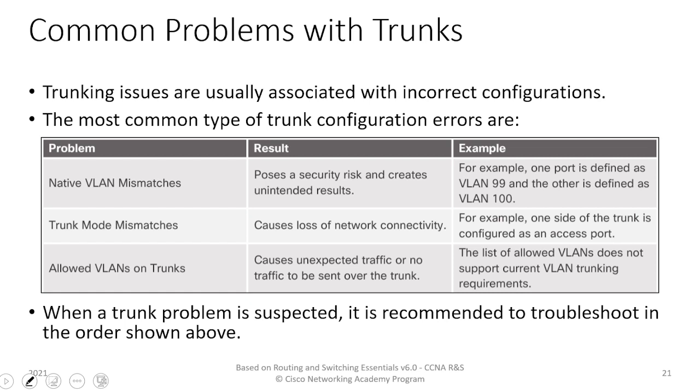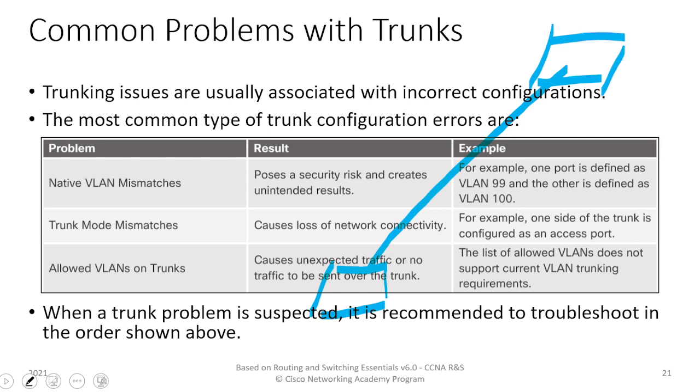Specifically with trunks, when we take a trunk, it is configured at two ends, because the trunk is essentially between two switches. So at both ends it needs to be configured correctly for it to communicate correctly.